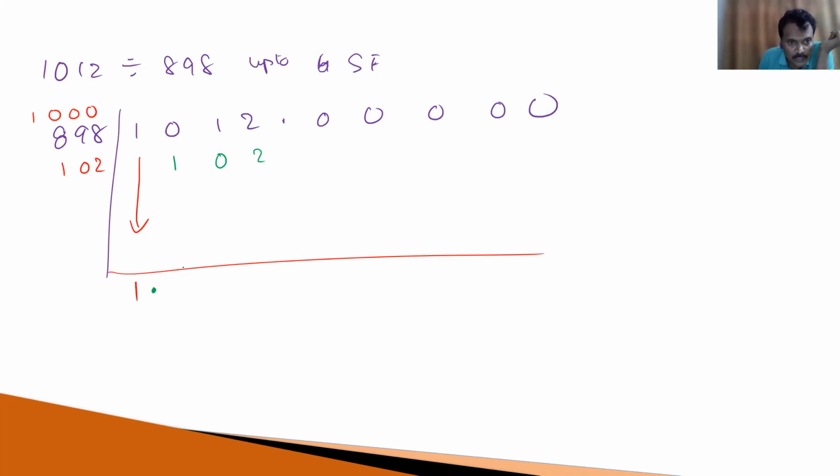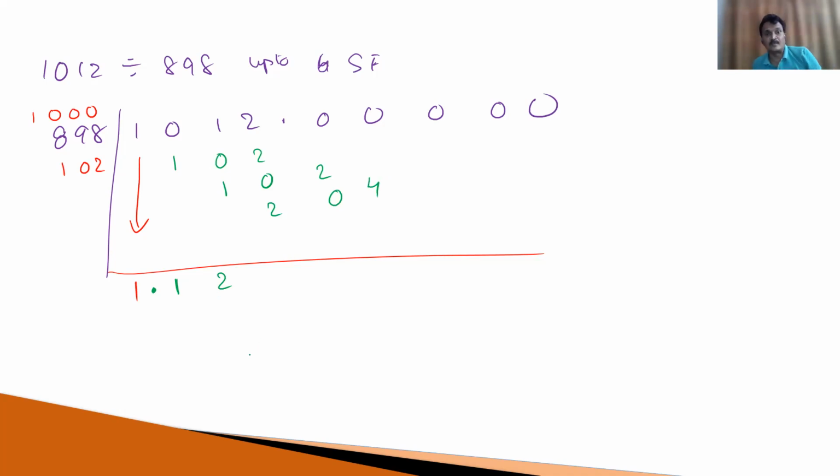Now 0 plus 1 is equal to 1. Now what should you do? Just multiply 102 with 1: 1 into 1 is 1, 1 into 0 is 0, 1 into 2 is 2. 1 plus 1 is equal to 2, right? Now 2 into 1 is 2, 2 into 0 is 0, 2 into 2 is 4.